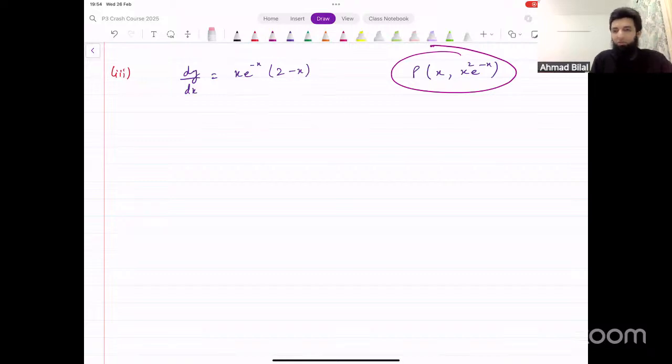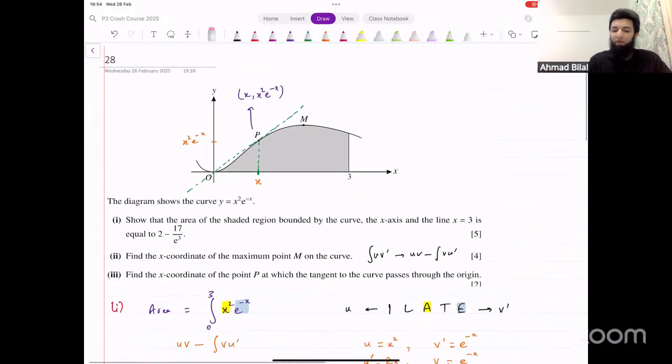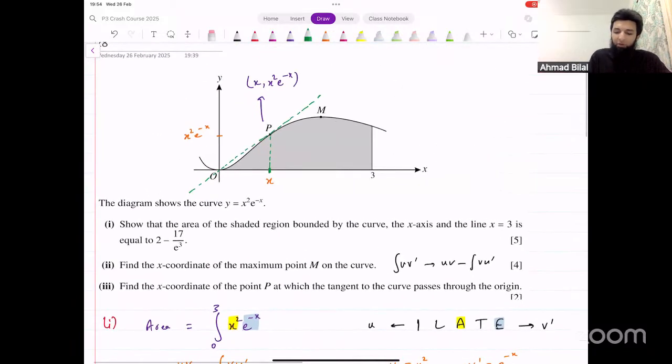We're not assuming anything here. We can't assume that x is equal to any value, but every point on the curve, its x coordinate is x and the y coordinate would be this, right? So it's not any assumption, it's true for every single point on the curve. We have to find the value of x at which this tangent would pass through the origin. Now, how do we do that?